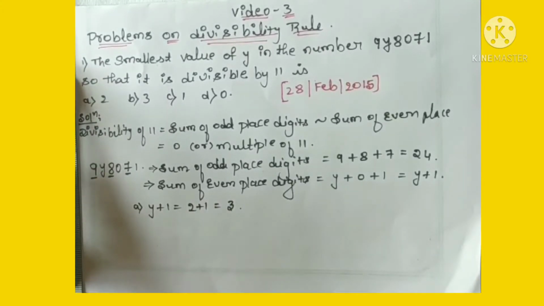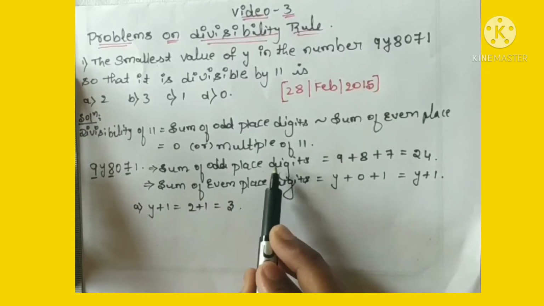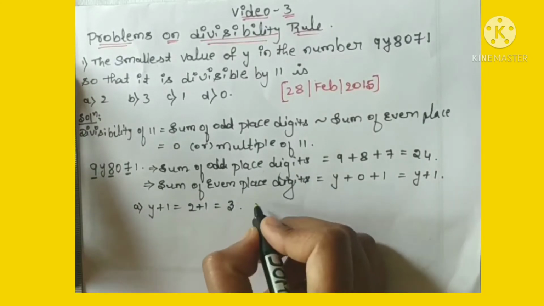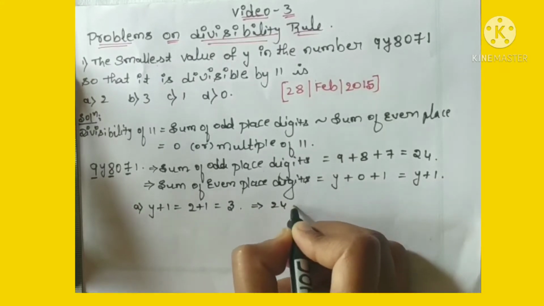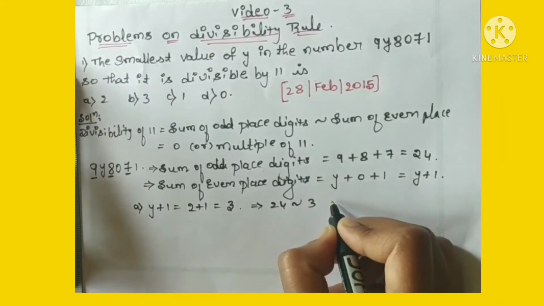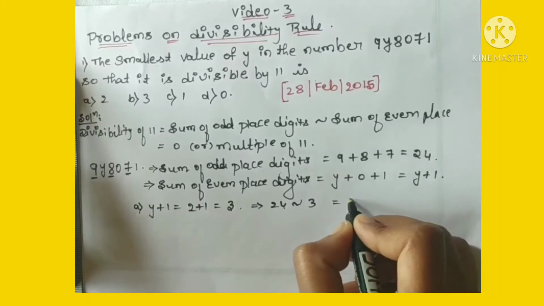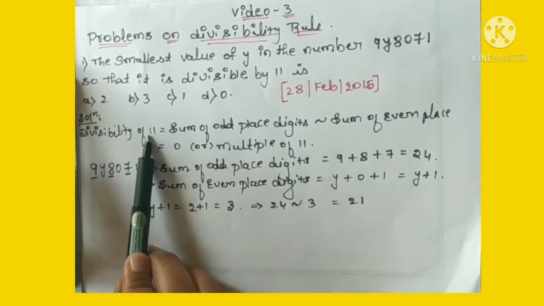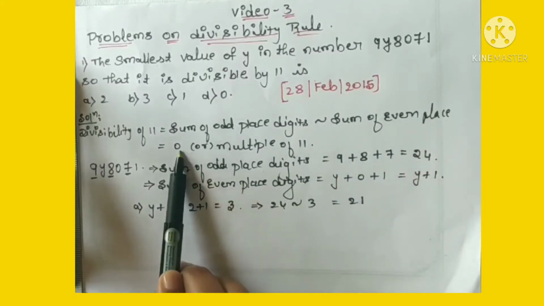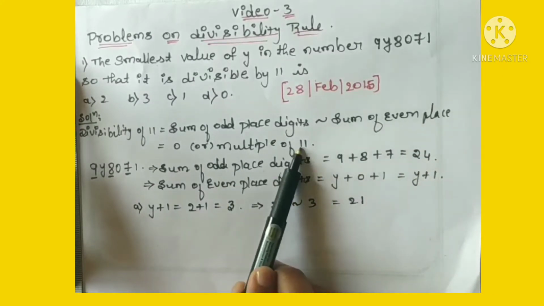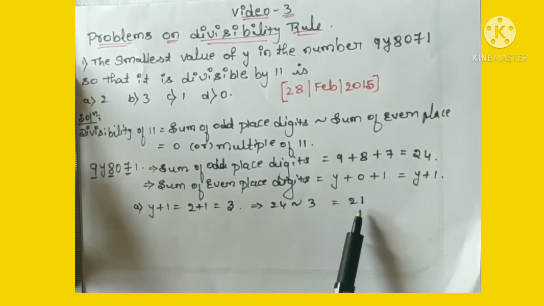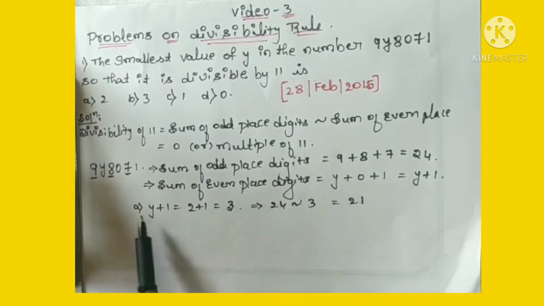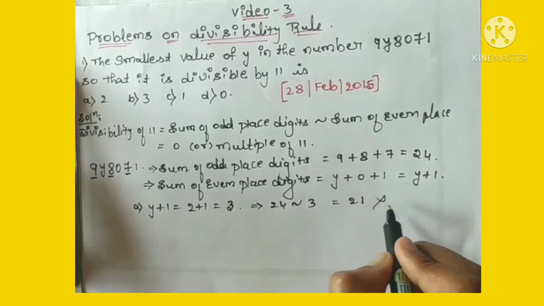Now I take the difference between the sum of odd place digits and the sum of even place digits: 24 minus 3, which is equal to 21. But the divisibility rule of 11 says it must be equal to 0 or a multiple of 11. 21 is not a multiple of 11 and it is not equal to 0. So option A is not correct.